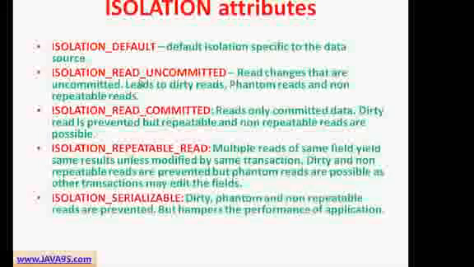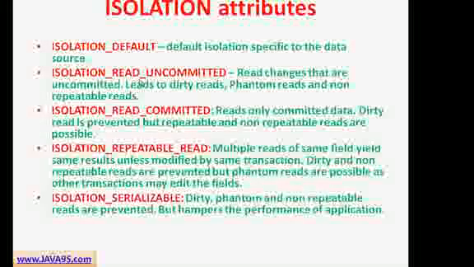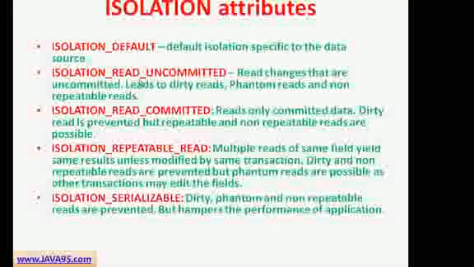The last one is isolation serializable. This is the strongest way of securing the data, where the database will acquire the locks of a table or a row or a field.